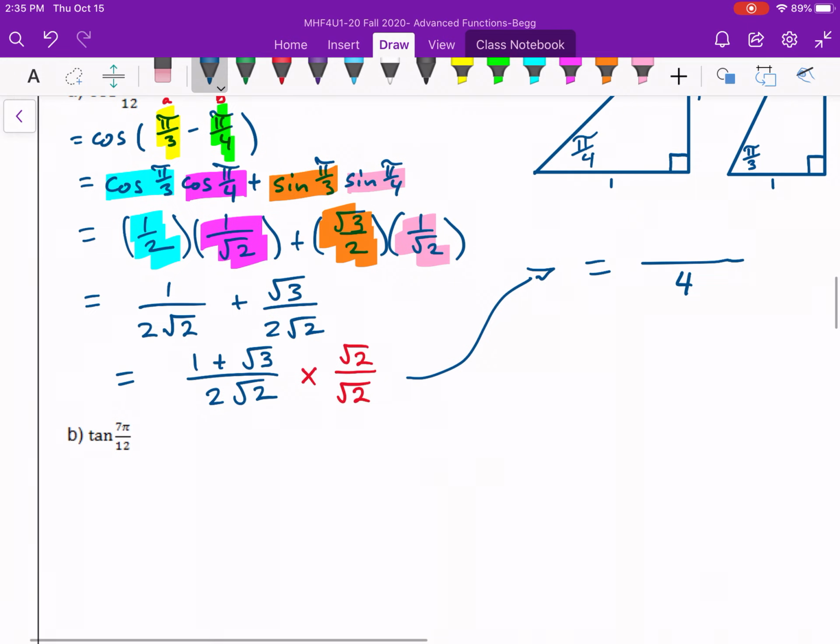Now as for the numerator, I've got a binomial here on the top times a monomial. So I've got to multiply each of the terms 1 and root 3 times root 2. When I do that, 1 times root 2 just equals root 2. And when I do root 3 times root 2, I get root 6.